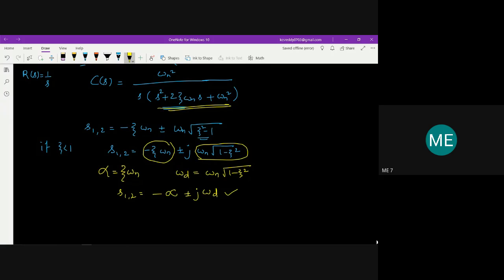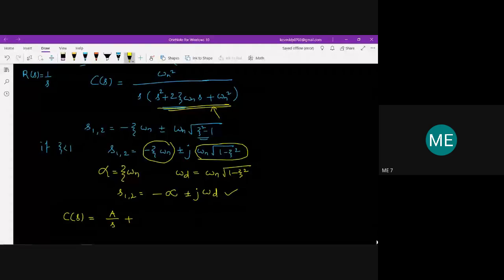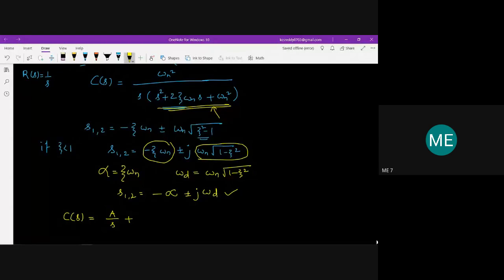C of S is equal to A by S plus, because these roots cannot be factorized, when the roots are not factorized, I'm going to use Bs plus C divided by S square plus 2 zeta omega n into S plus omega n square. So for this equation, I have written the partial fractions.